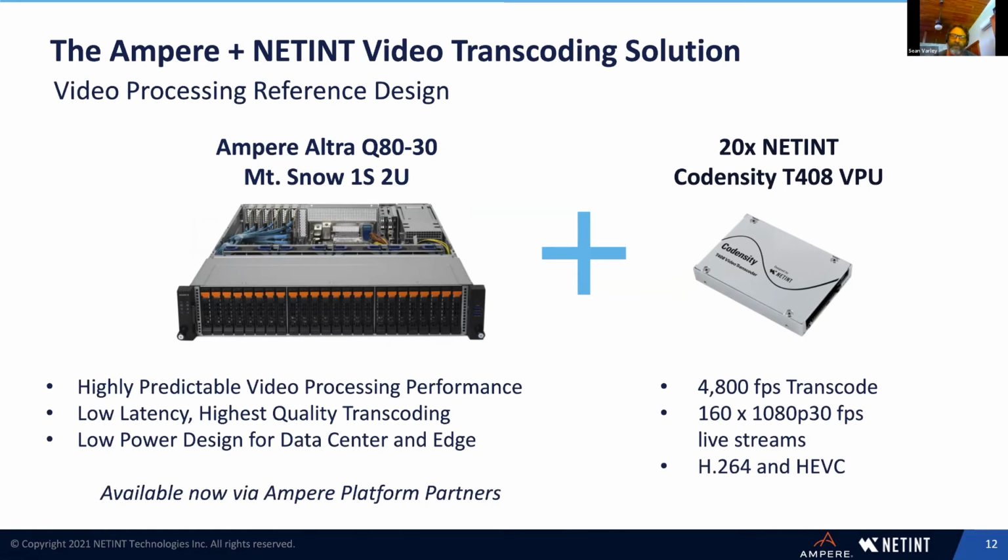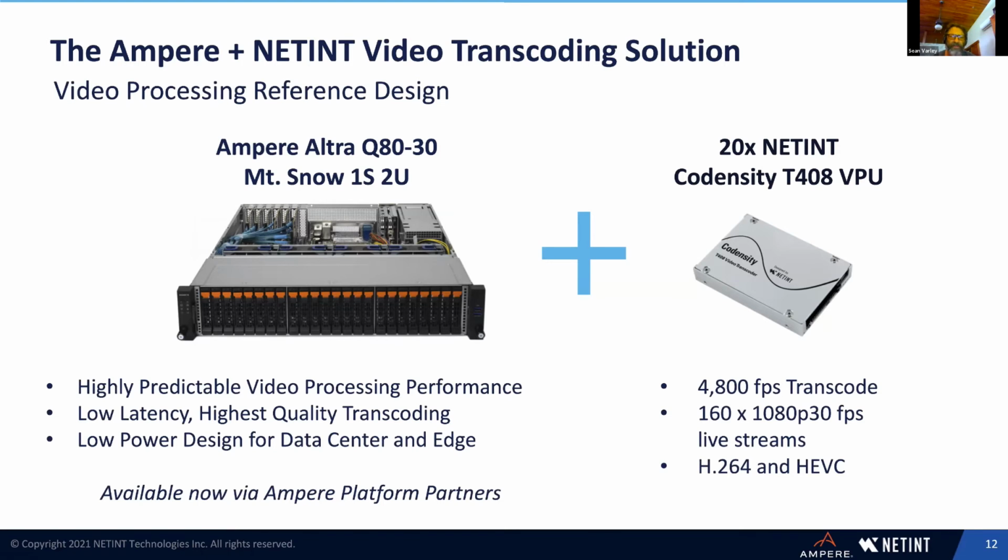And so what we're showing here is the Ampere Altra Q8030, which is our 80-core, 3 gigahertz, really popular SKU in what we call our Mount Snow 1-socket 2U reference chassis.